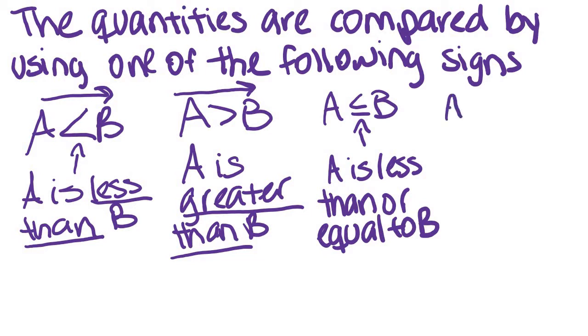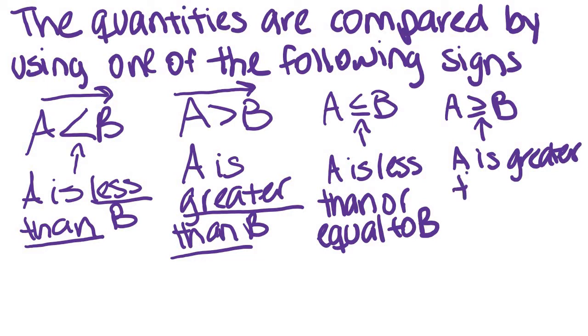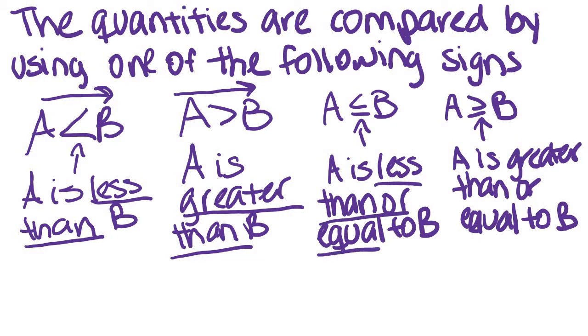And then similarly, we have the opposite direction, which means that A is greater than or equal to B. So less than or equal to, greater than or equal to.